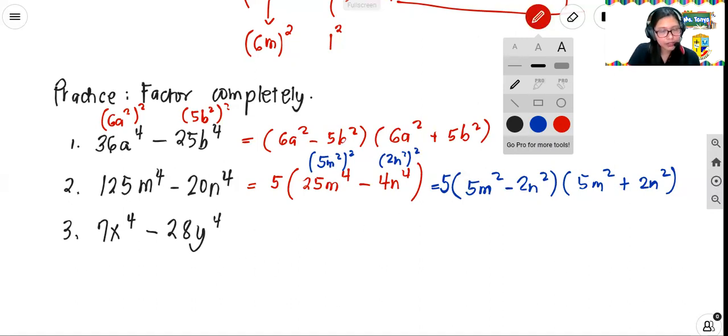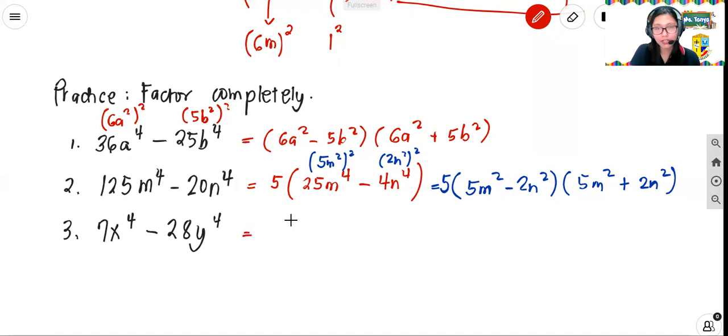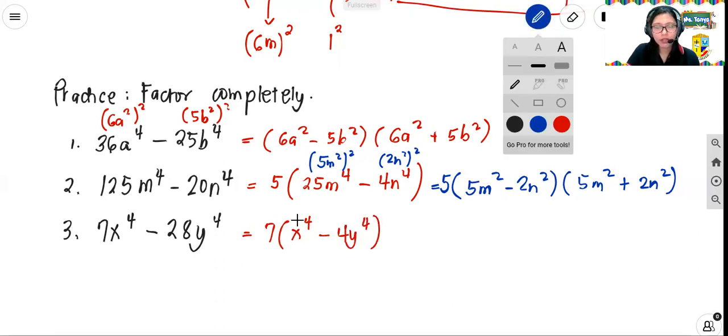Looking at the third one, 7 and 28 are again not perfect squares. But 7 and 28 have a common factor, and that's actually 7. So let's factor out 7 first. When we factor out 7, what will remain is x to the fourth minus 4y to the fourth. And here, there are perfect squares already.